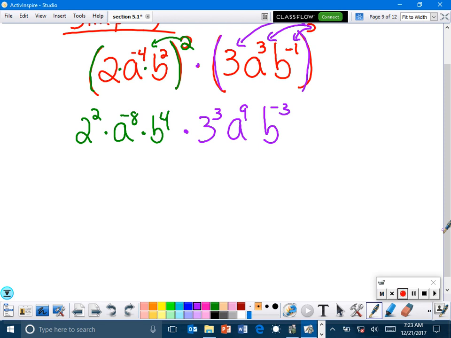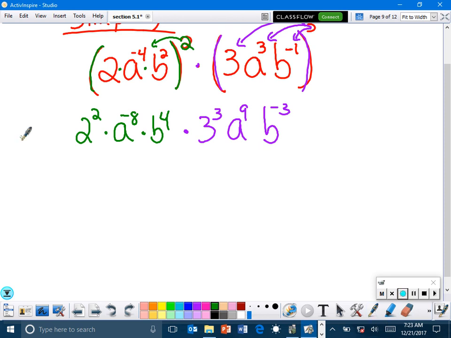Okay, so first of all, 2 squared becomes 4. And 3 to the 3rd becomes 27. All right? Now, I'm going to multiply those two together. So I'm going to erase this here quick and go off to the side and do this scratch work.